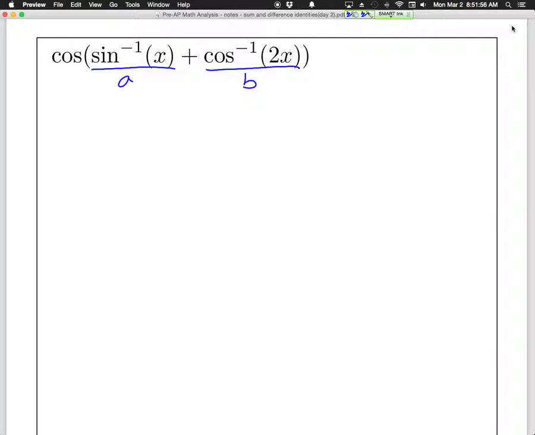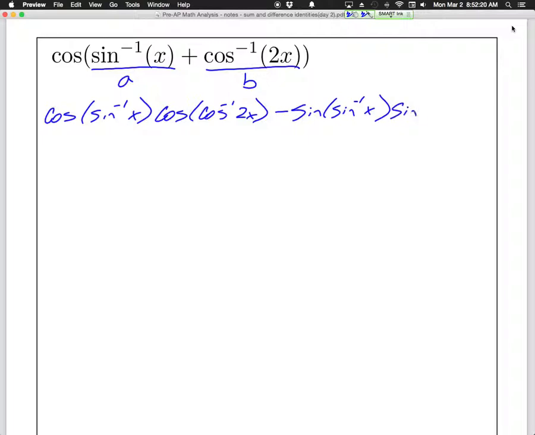So I need to plug this into my cosine a plus b formula. We're going to get pretty long on this. So I have cosine of a, which is inverse sine of x. I have cosine of b, which is inverse cosine of 2x. Then I have minus sine of a and sine of b.